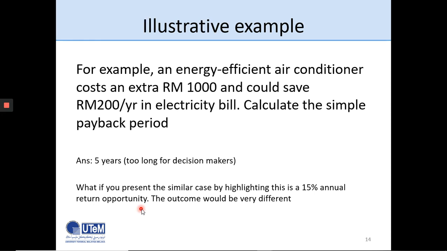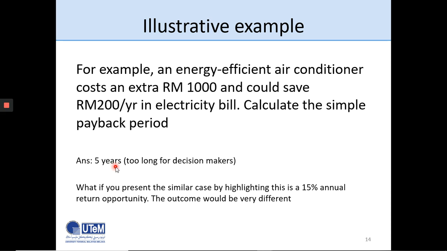So for example, if you buy an air conditioner that costs an extra 1,000 but can save 200 per year in electricity bill, we simply divide the extra cost with the total saving per year. So we get 1,000 divided by 200 per year, so 5 years. So simple payback states that the payback period will take us around 5 years if we spend 1,000 now.